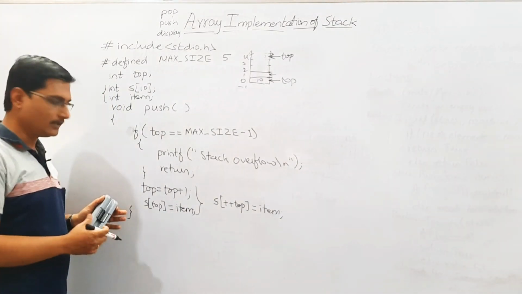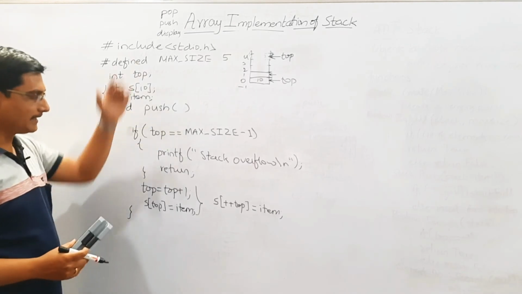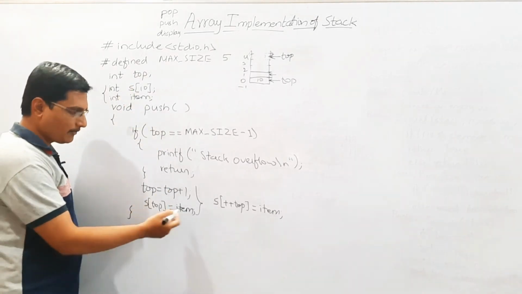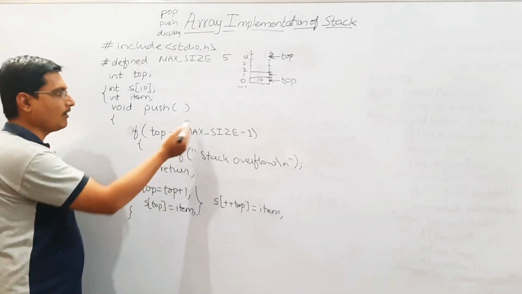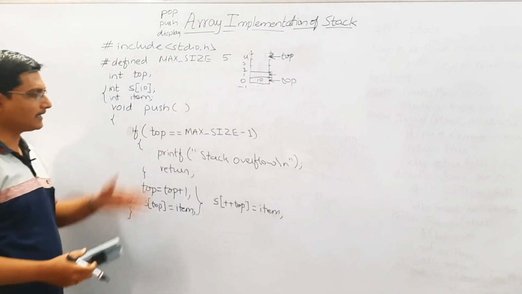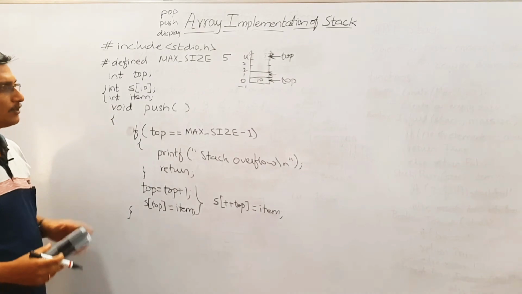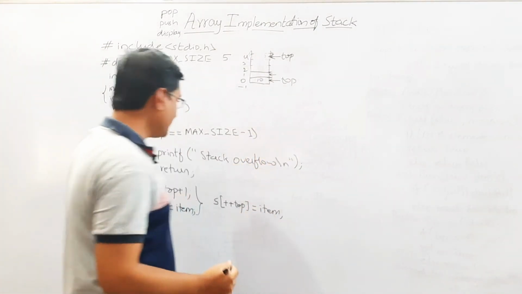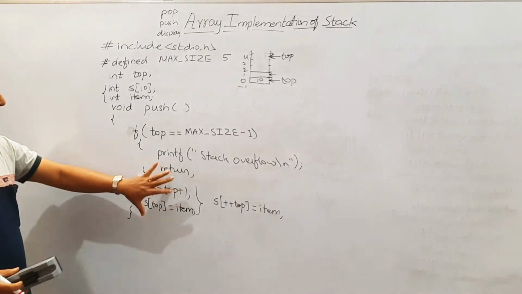Top will be as usual an integer, because it is the index. Then you can do the same operation, or if you want to pass any parameters, that is also possible. This is the push operation. I hope the push operation is clear.